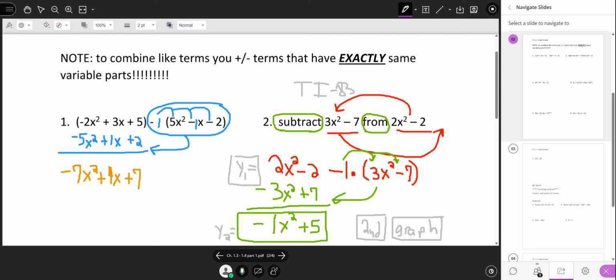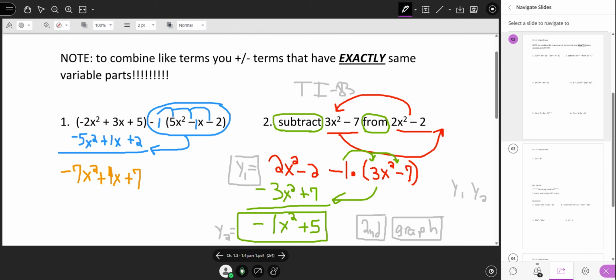And under list 1 and list 2, I think it is. Or no, not list 1 and list 2. Hang on just a second. It's y1 and y2.